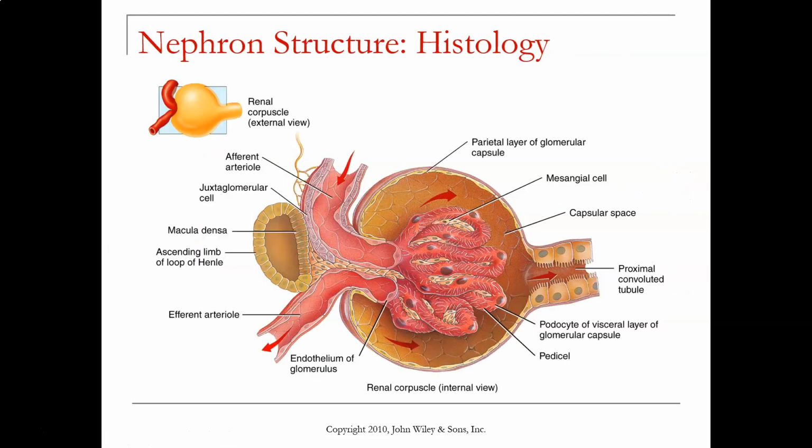Okay, so let's look at filtration a little more closely here. This is a close-up of the glomerular capillaries, which are inside the glomerular capsule, the beginning of the kidney tubule. Here we also see the afferent arteriole coming in, the efferent arteriole taking blood out.